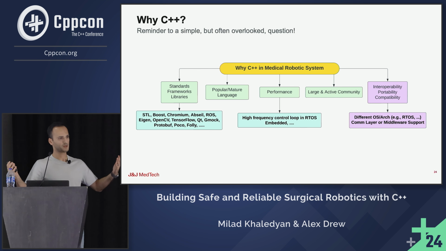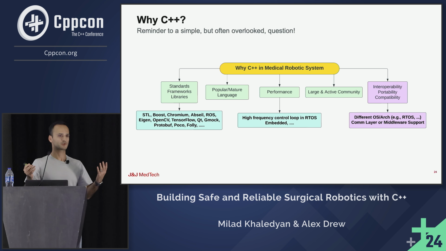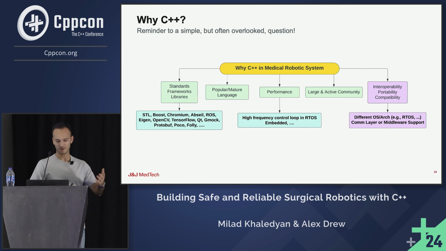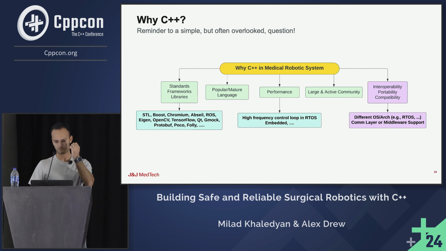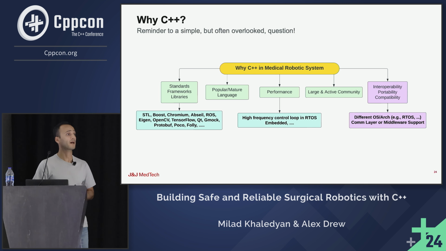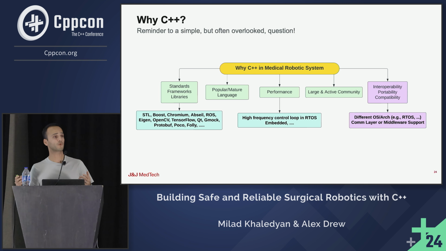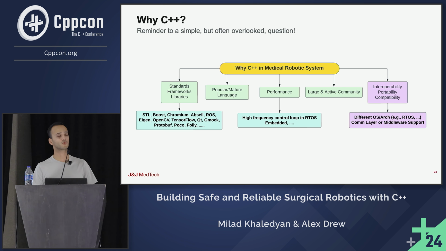So C++ has a very large and active community, and performance from a high-level language, I can claim, pretty much unmatched. We have a lot of standard framework libraries, but one important thing that is often ignored is the interoperability, portability, and compatibility of C++. So right now, let's say you use some sort of real-time operating system, some sort of middleware.